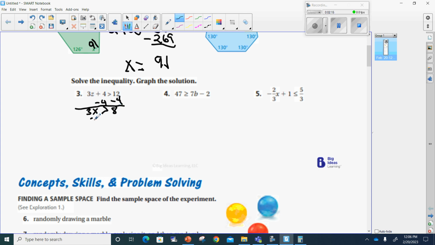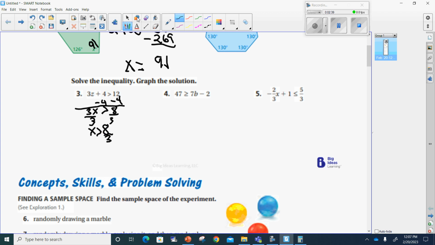Now I've got to divide 3 away. It's not a negative number, so I don't turn my symbol in the other direction. That means x has got to be greater than 8 over 3.